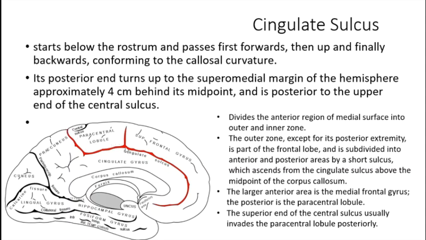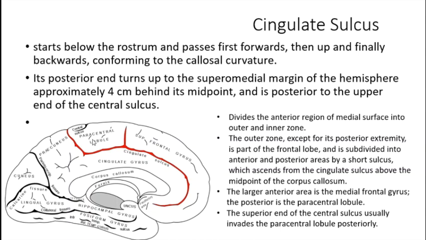So from this single ramus of the cingulate sulcus, this whole zone is divided into two parts. First is superior frontal gyrus ka medial part, and posterior to it is paracentral lobule. Paracentral lobule is the area of the cortex around the central sulcus, and since the central sulcus is going to divide our cerebrum into frontal and the parietal lobes, this paracentral lobule constitutes the areas of both frontal lobe and the parietal lobe.